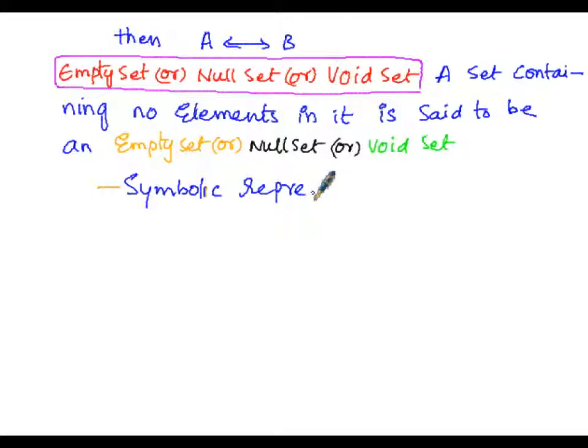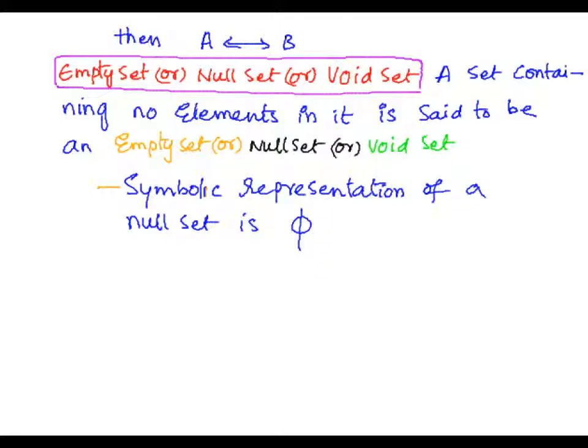So here the empty set can be denoted by means of the symbol called phi. The symbolic representation of a null set is phi. So this is the notation of phi.